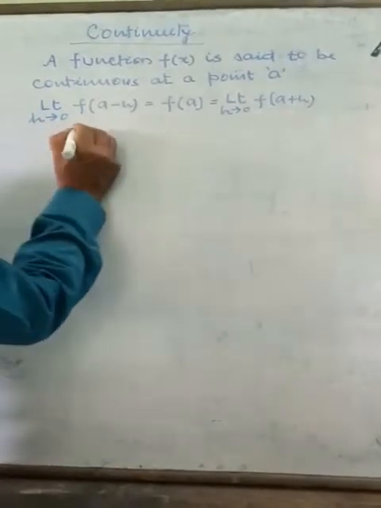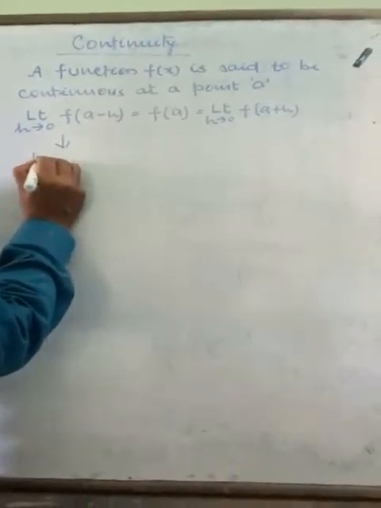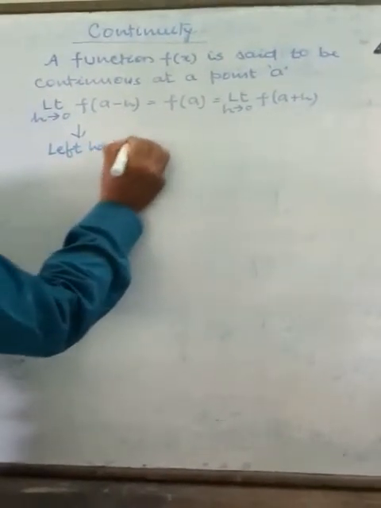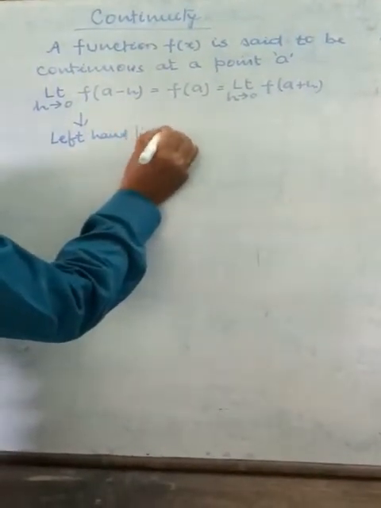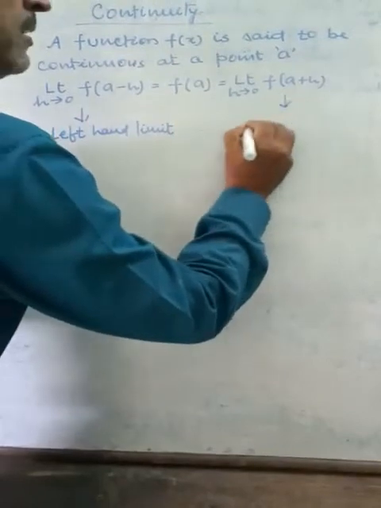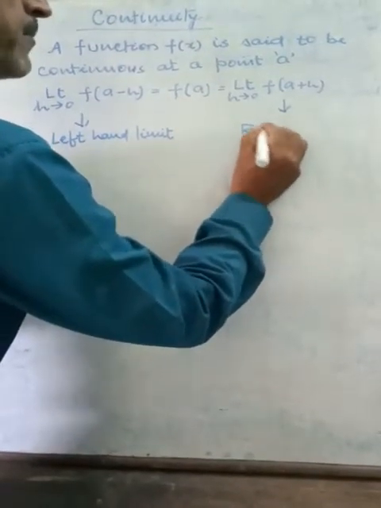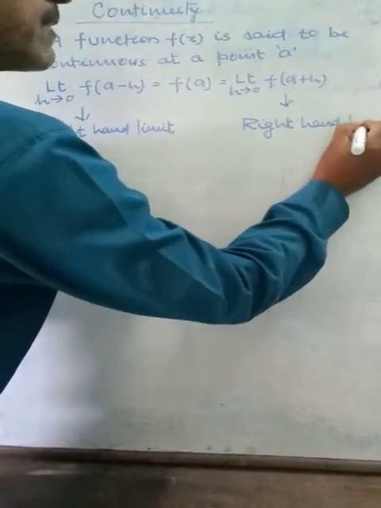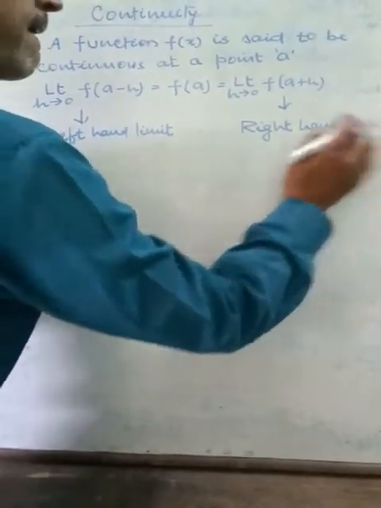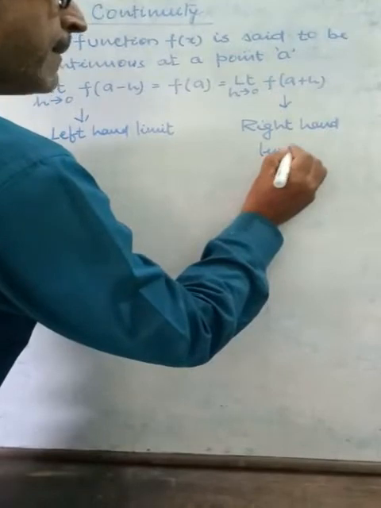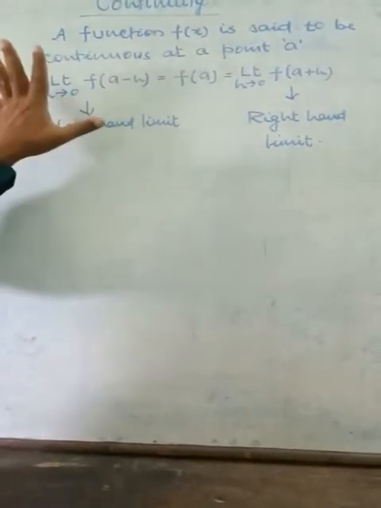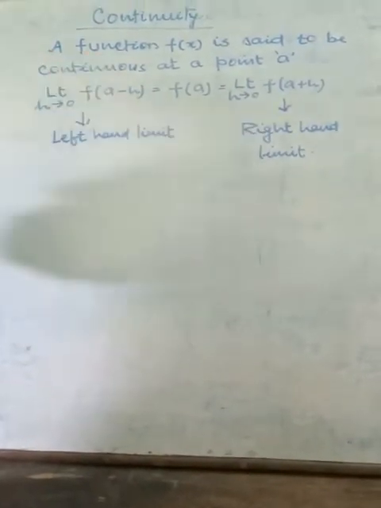The first term is called the left hand limit, and on the other side, the right hand limit. So if all the three values are equal, then the function is called a continuous function.